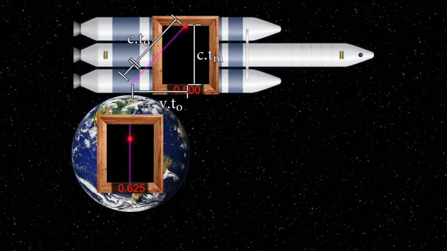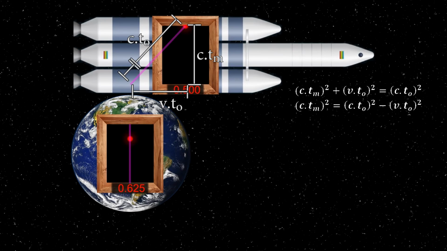And now we have ourselves a right triangle, and we can use the equation we talked about in the beginning of the video. A squared plus b squared equals c squared. And if we substitute these terms for a, b and c, we get this. c multiplied by tm, squared, plus v multiplied by to, squared, equals c multiplied by to, squared. Subtract v multiplied by to squared from both sides.